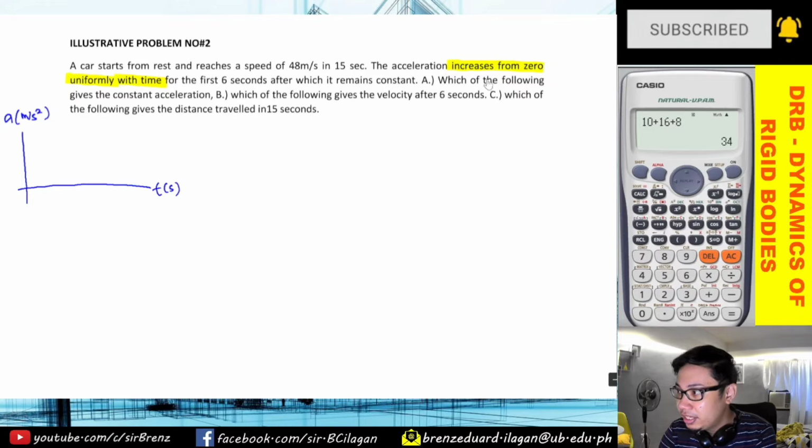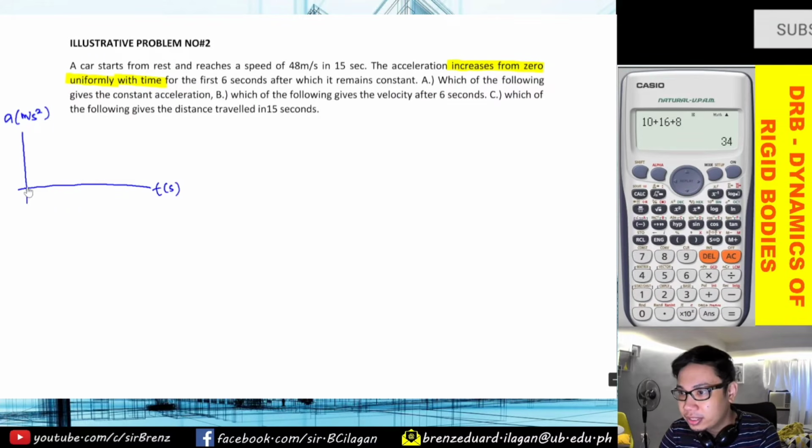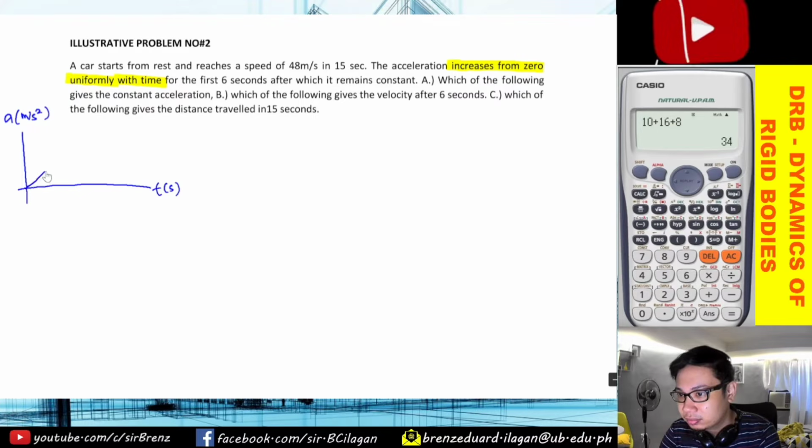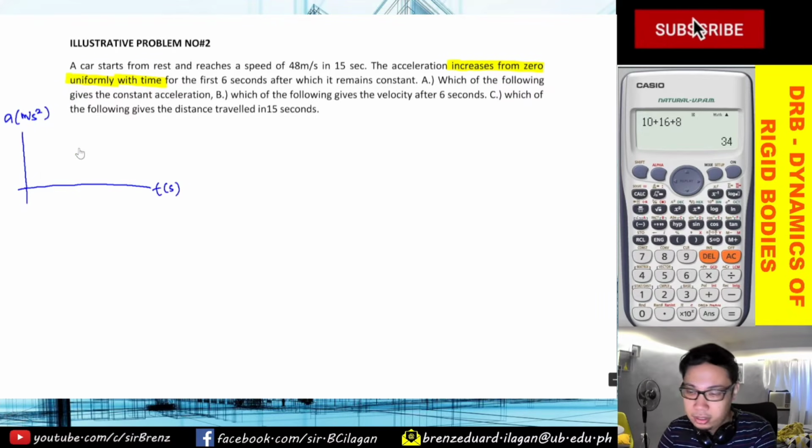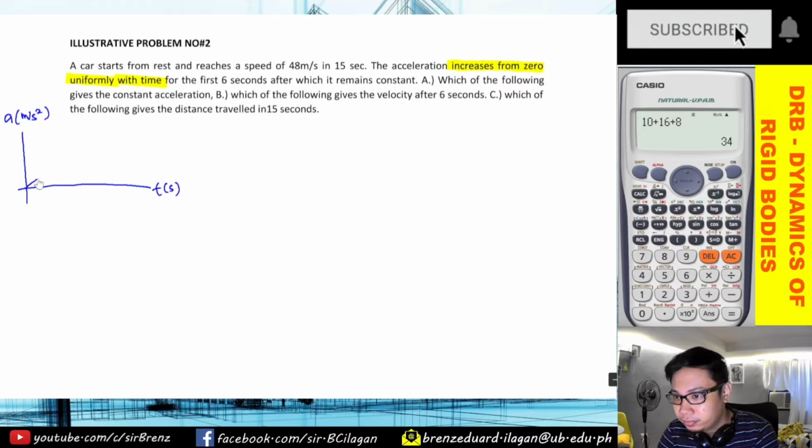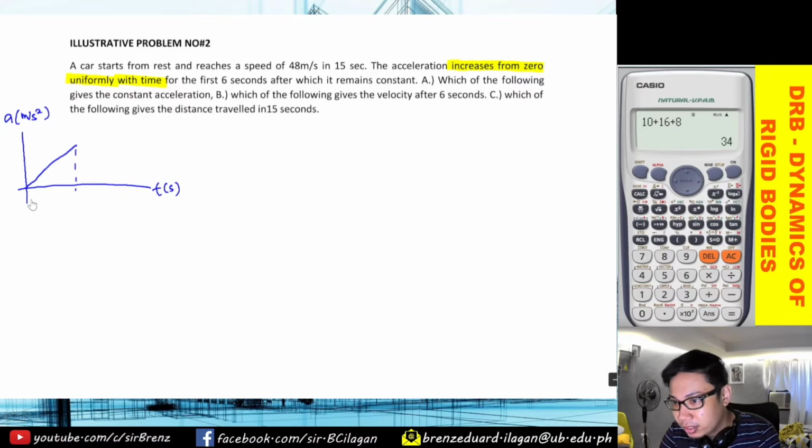The acceleration increases from 0 uniformly with time for the first 6 seconds. So it should be straight. Ayan. And then, eto nga, sabi dyan, so at the first 6 seconds.